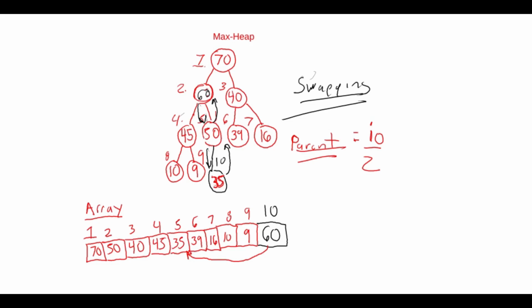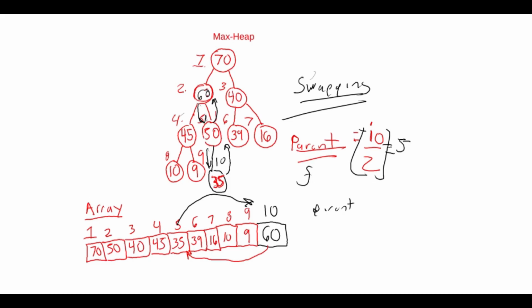So you can see here we do the swap, similar to what we just did in the tree. Let me make it clear for you guys. 10 divided by 2 is 5, and these are floor values. Just want to make sure to be clear about that. This is a floor value.